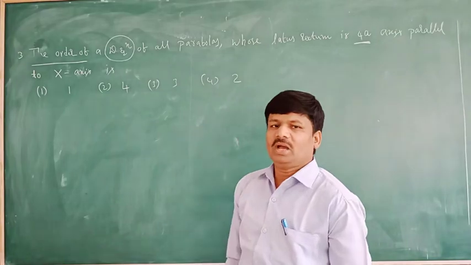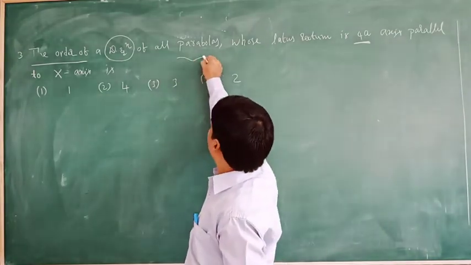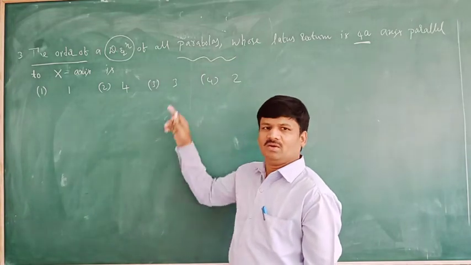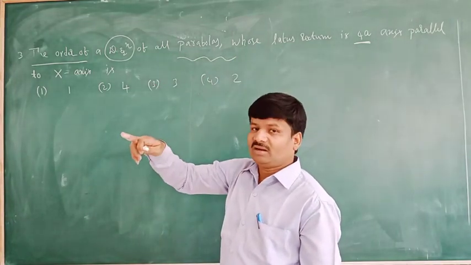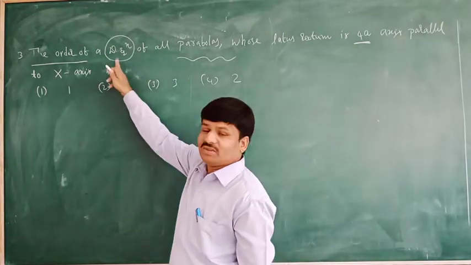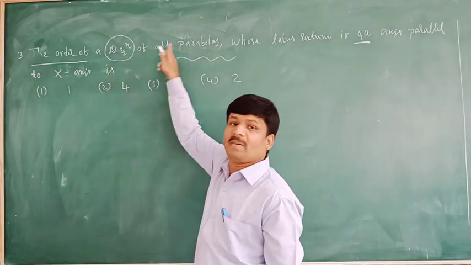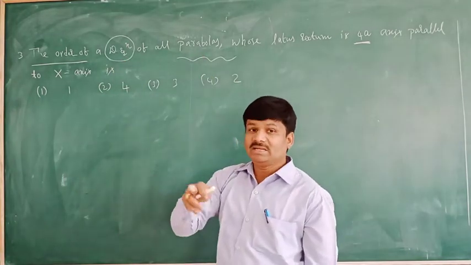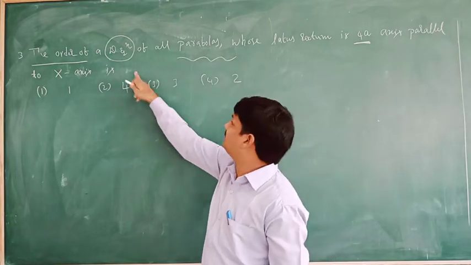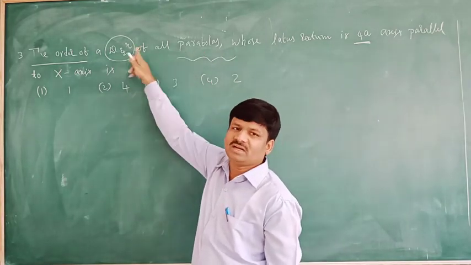That means first we have to form the parabola equation, and from that parabola equation you will get the differential equation. So the parabola equation is the solution of the differential equation.